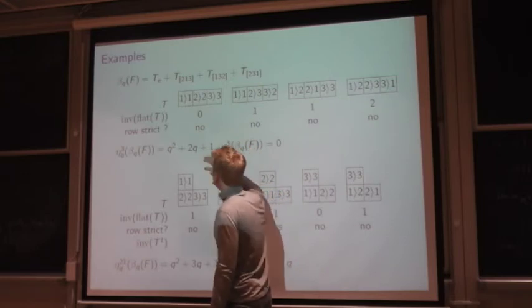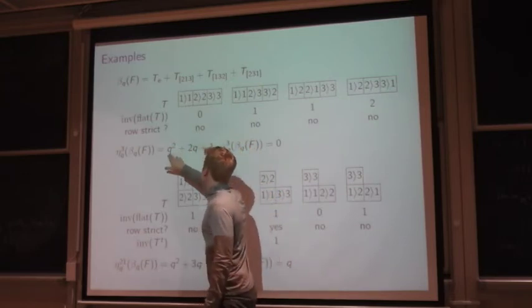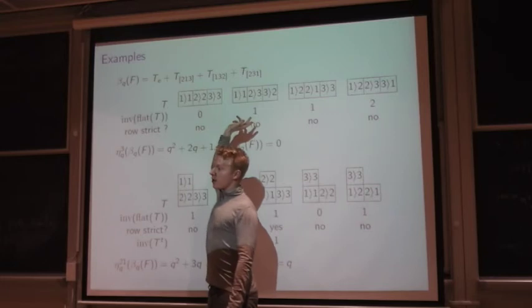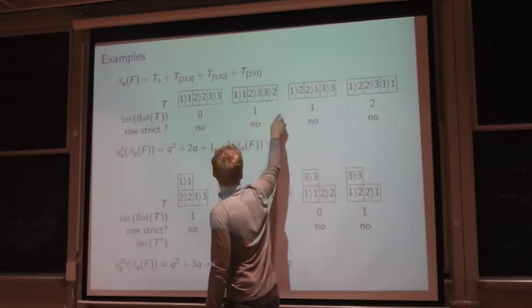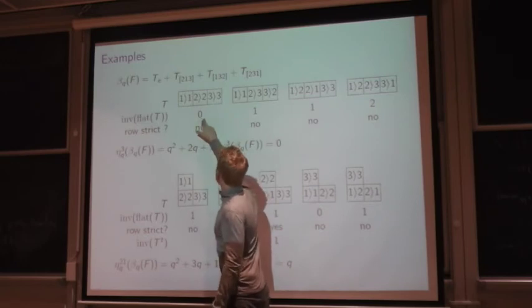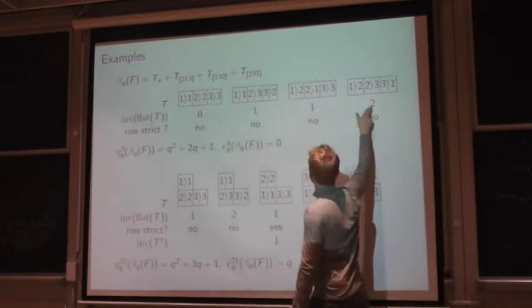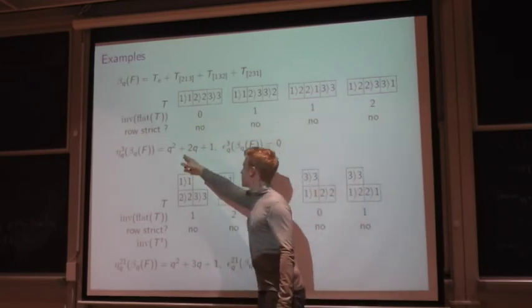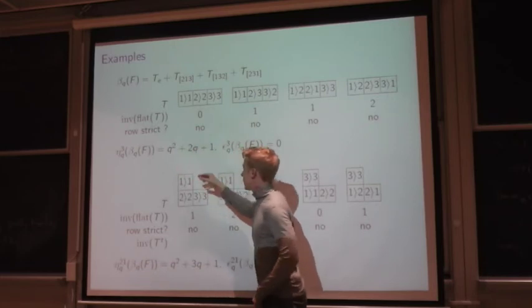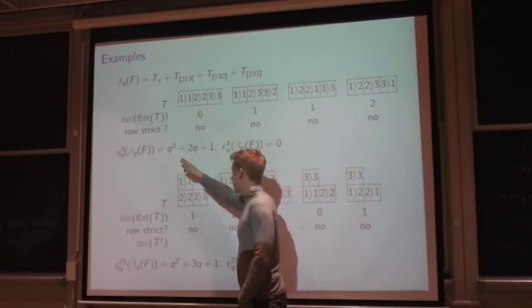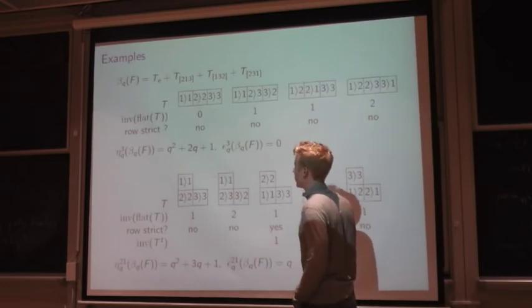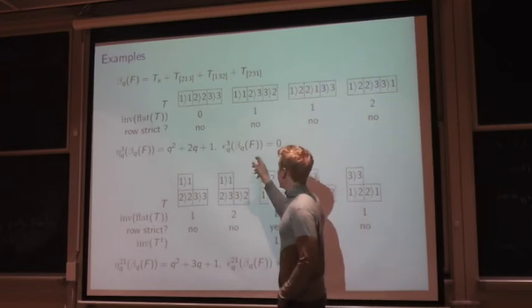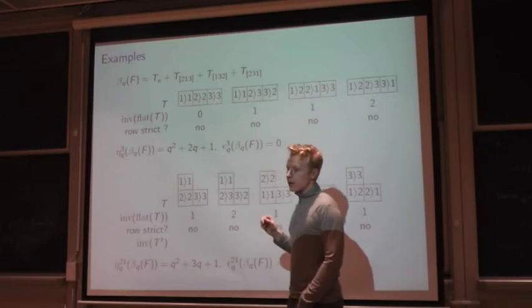The immanent is the sum over all these tableaux of q to the number of inversions in the flattened version of the tableau, which is the same thing as the tableau itself. So it's q to the 0 plus q to the 1 plus q to the 1 plus q squared. That immanent evaluated on that matrix is q squared plus 2q plus 1. And there are no row strict tableaux of that shape, so the epsilon immanent would just be 0.